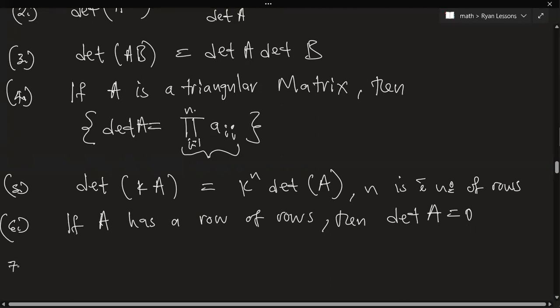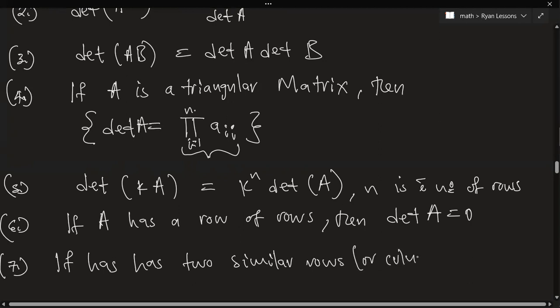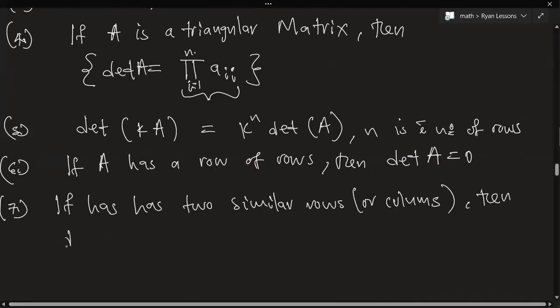Then 7 is actually a lemma of this theorem, but we're going to state it also as another result. If A has two similar rows, or even columns, then determinant of A is equal to 0 again.